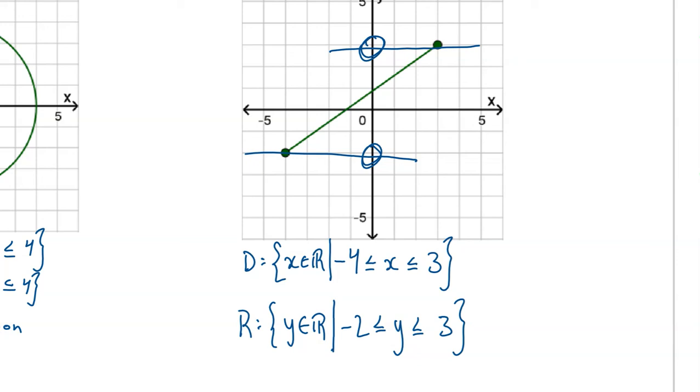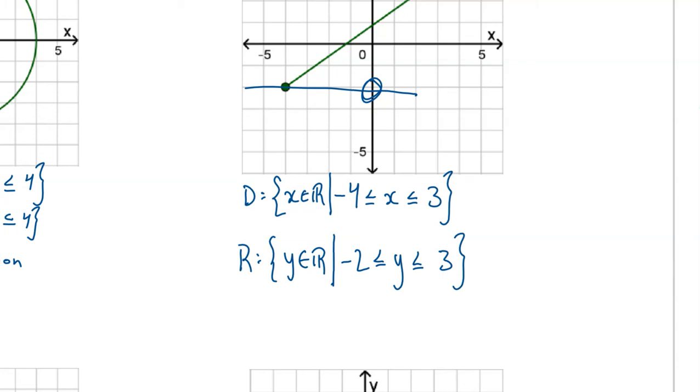Is it a function? Or does it turn back and go over top of itself? It doesn't do that, does it? So anywhere I draw a vertical line, I'm only going to hit it once. So yes, this is a function.